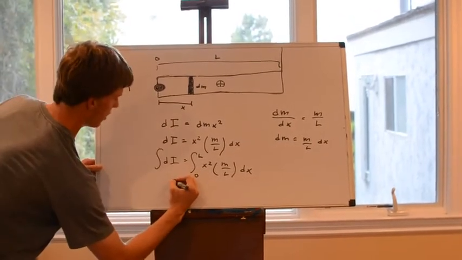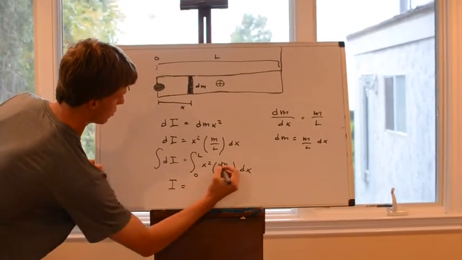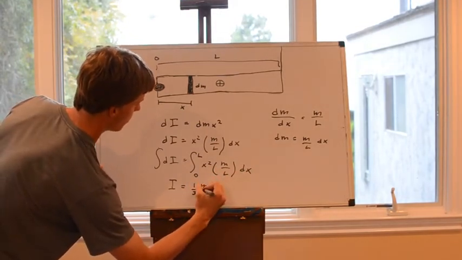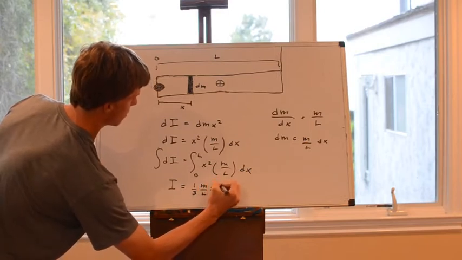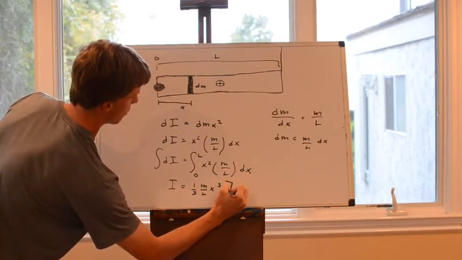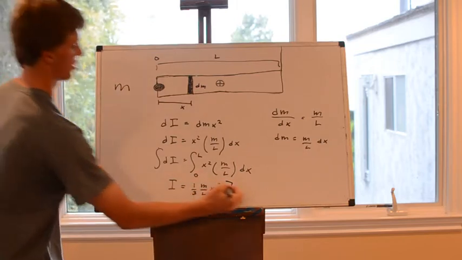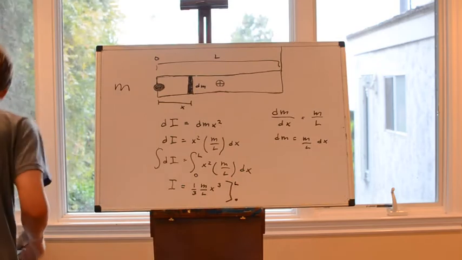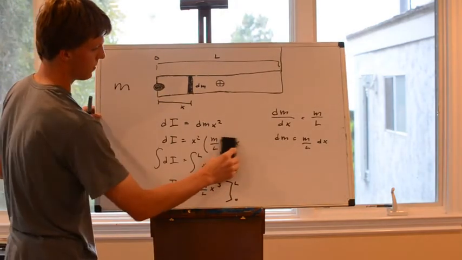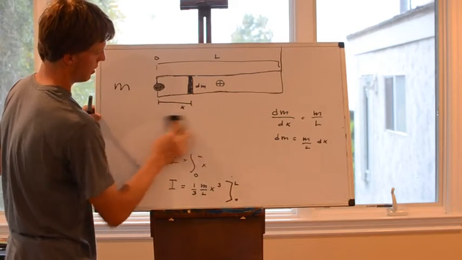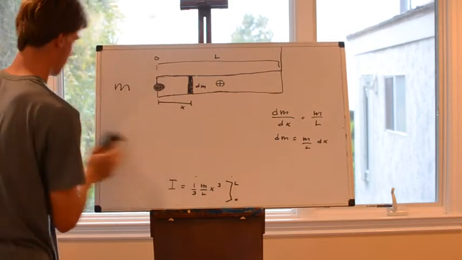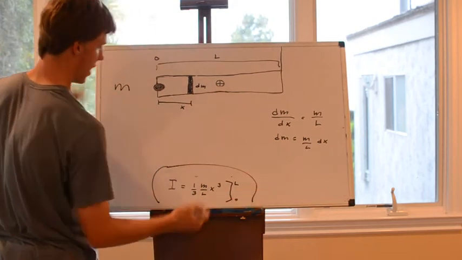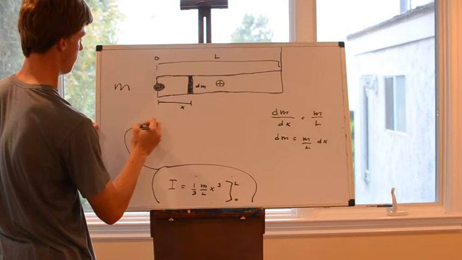So if we integrate, I is equal to 1/3 m over L x to the third, between the limits of integration from 0 to L. Now let me erase some of this so we can have some more room. There's just one more step in this process. We're going to use what we found here, and we'll bring it up here.